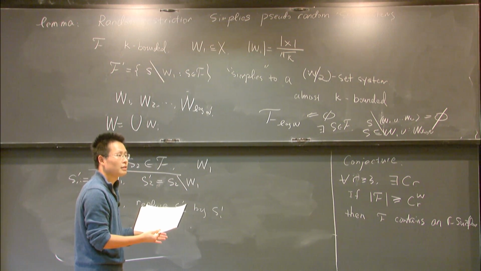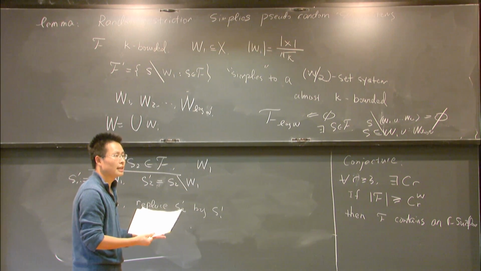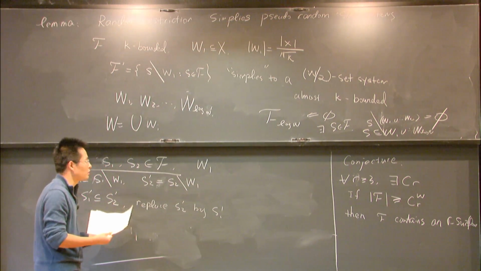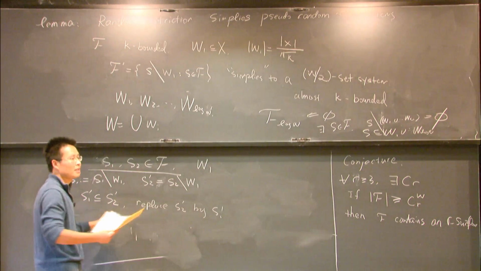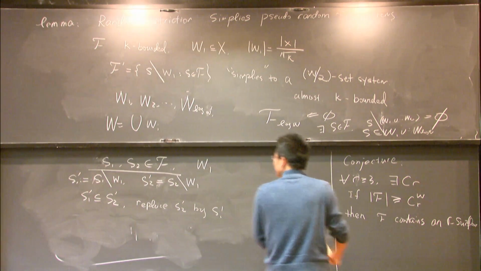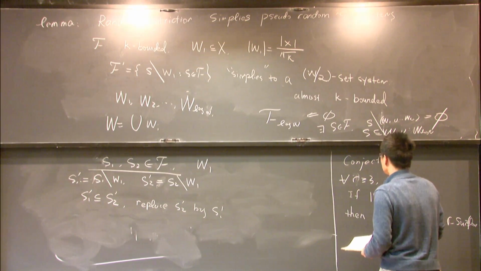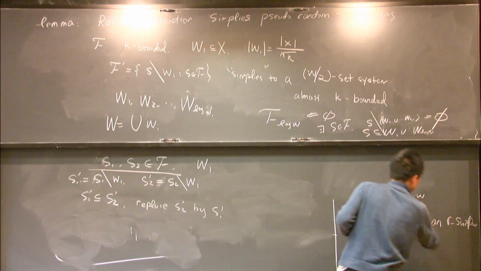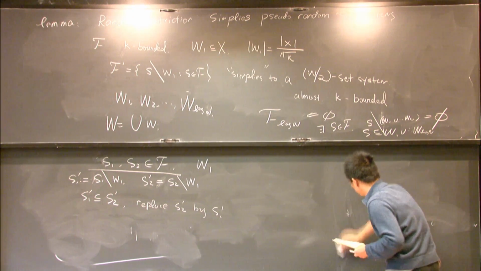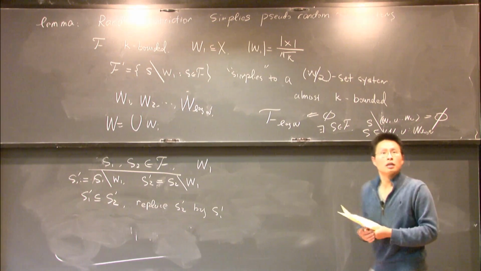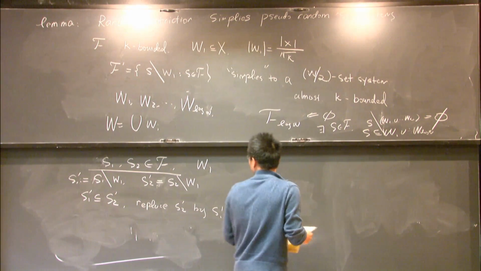Because we want to keep the kappa boundedness, we have multiple sets, so actually it's not really that much of a concern. This is the definition of kappa bounded.